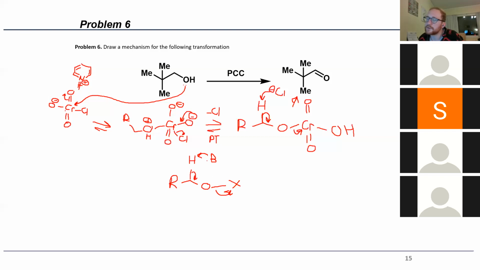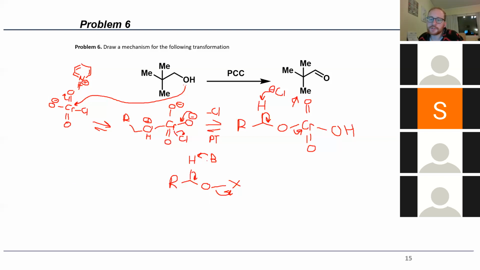In this case, this is our pyridinium chromate complex. In the case of the Swern oxidation, it's different. And so depending on what the oxidation is, this X group changes identity. You should be aware of the different ways we can make these activated complexes. And then elimination of that activated complex can allow us to form our desired oxidized product.